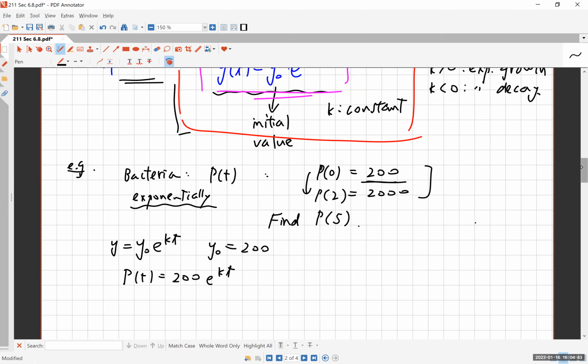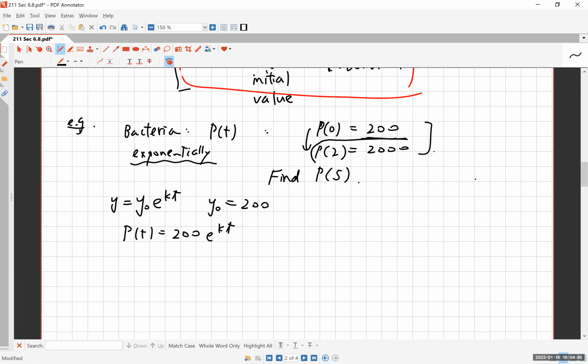We don't know what k is yet, and that's why we need this other piece of information. P of 2, which is 200 times e to the 2k, is 2000. So e to the 2k is 2000 divided by 200, that's 10.